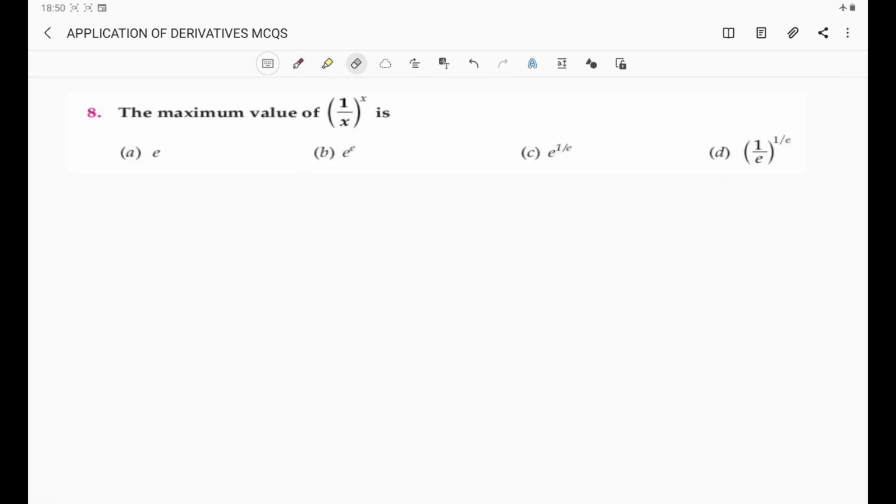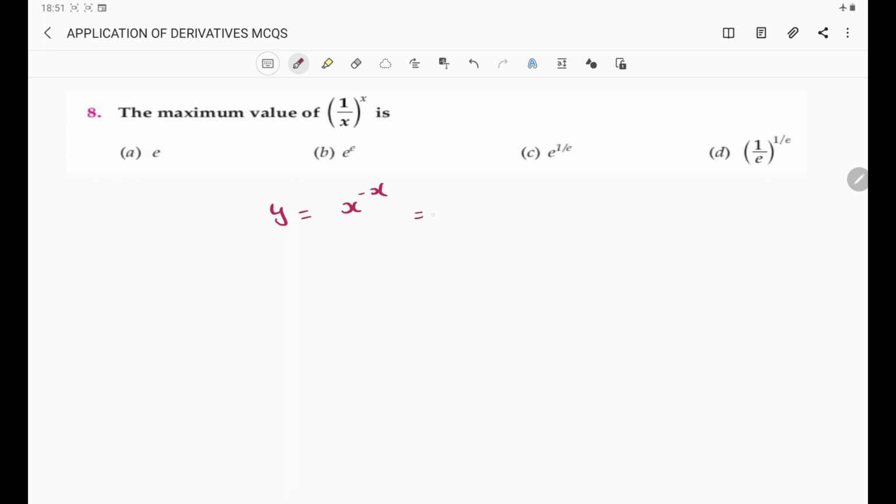Question number 8. The maximum value of 1 by x whole to the power of x is. So let us name this as y. Say y is equal to 1 by x to the power of x, which is the same as writing x to the power of minus x.